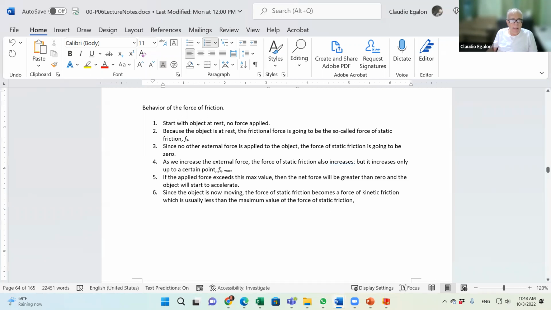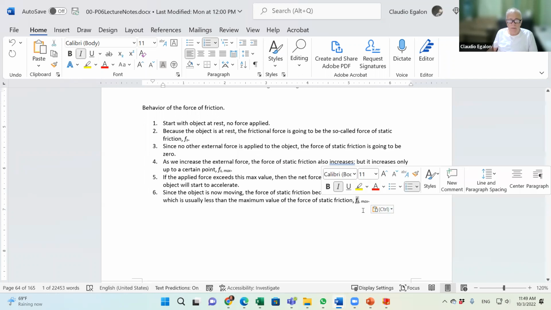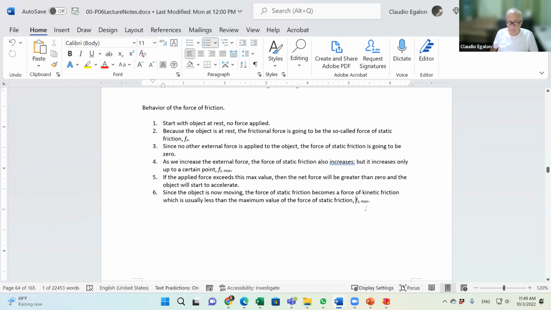Okay, not always, but it's never greater. The force of kinetic friction is never greater than that. Sometimes under certain conditions, it can be equal.